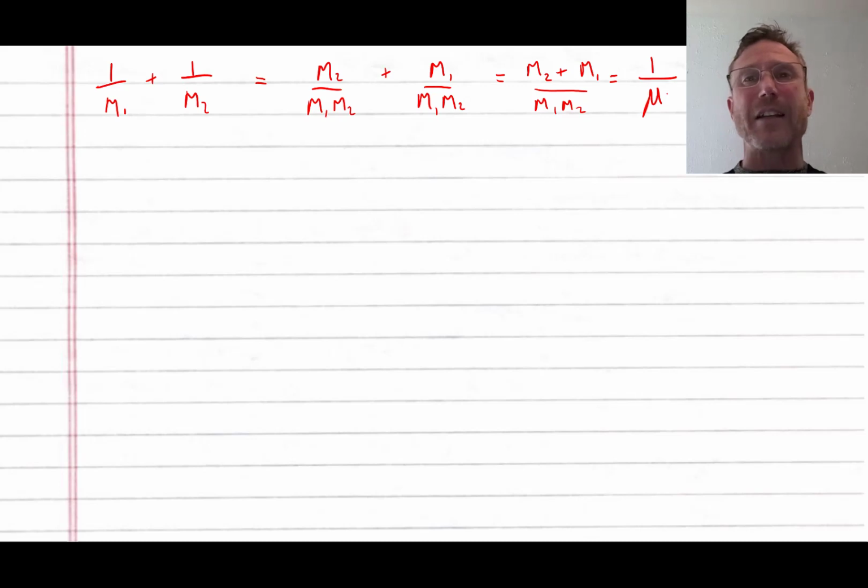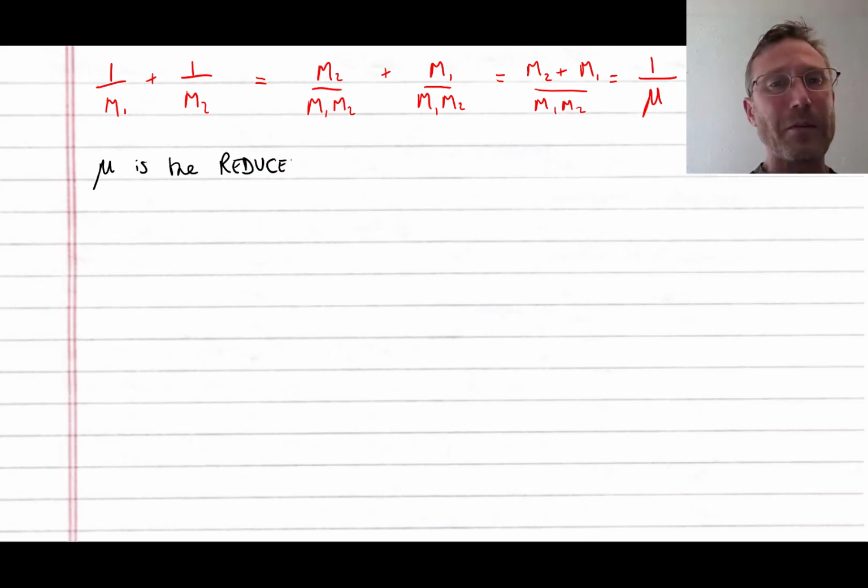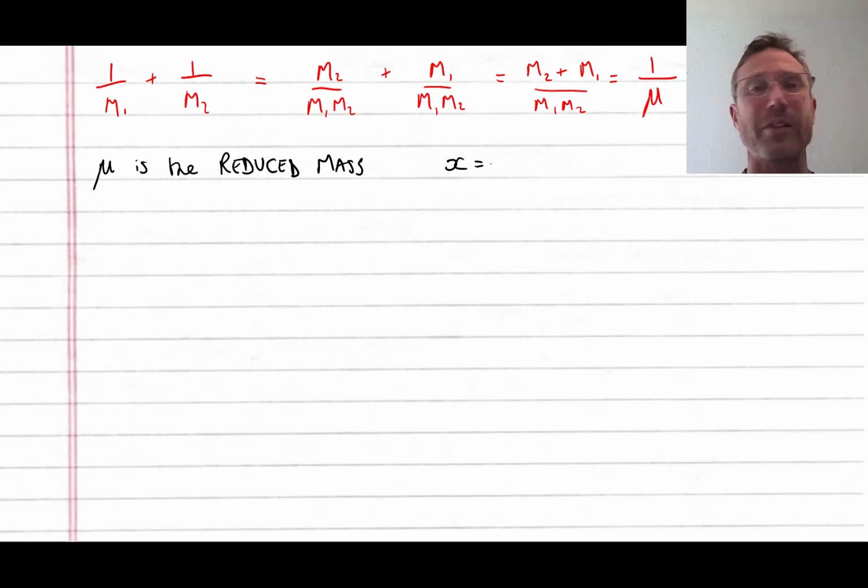The reduced mass is mu in here, so let's make a note of that. So mu is called the reduced mass, and as I mentioned before, we're going to let x equal x2 minus x1 minus L0. That's our definition.